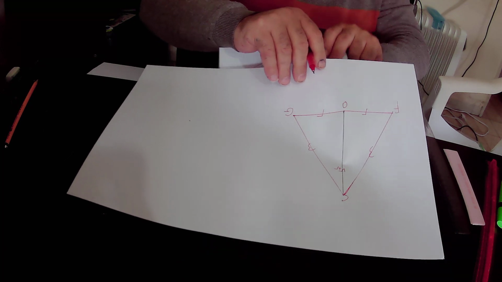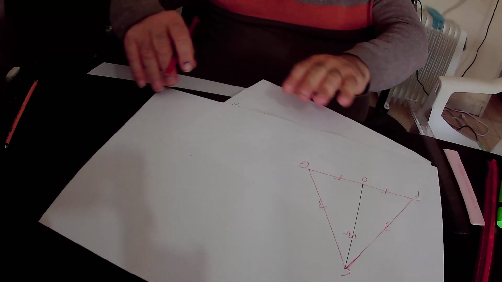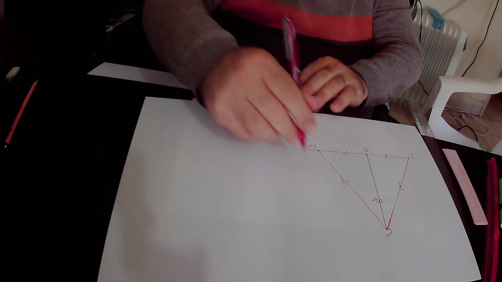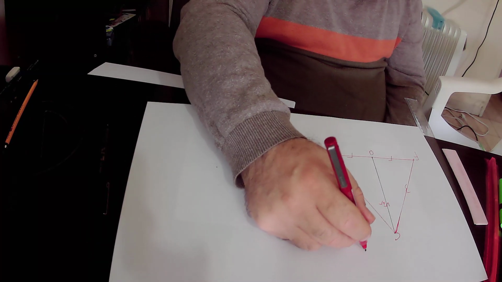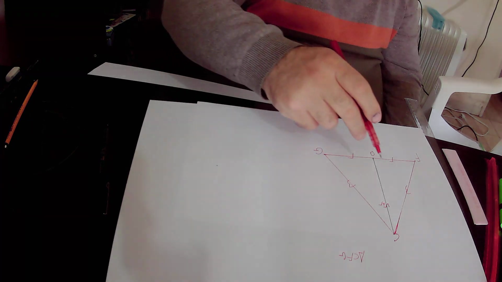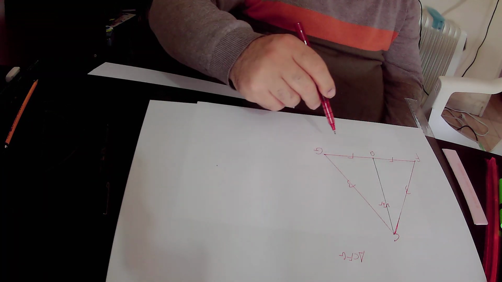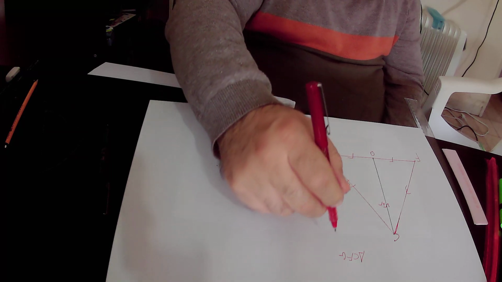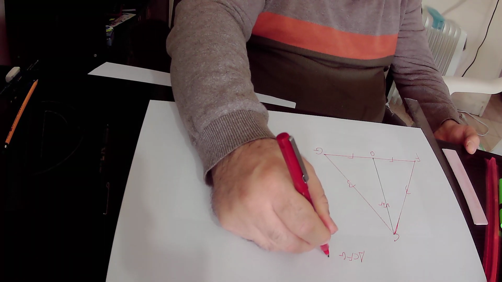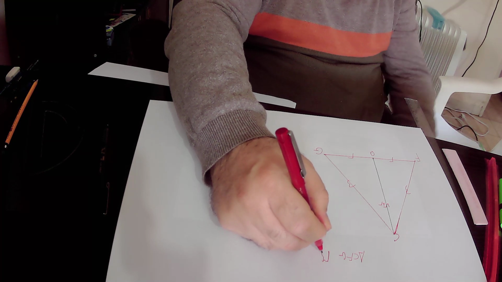So this is triangle CFG, and because of the fact that side CF equals side CG, triangle CFG is an isosceles triangle.